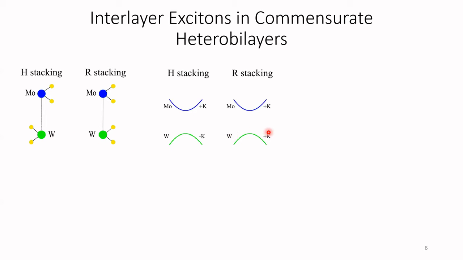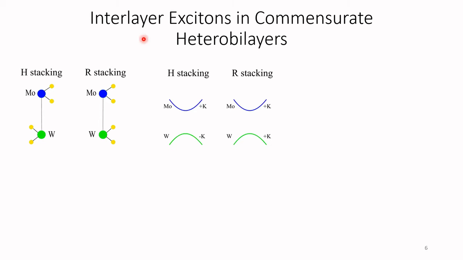And then in K space, if you recall from the first slide, for a monolayer there were the two valleys, plus K and minus K. In a monolayer, the conduction band minimum and the valence band maximum belong to the same valley of the same layer.